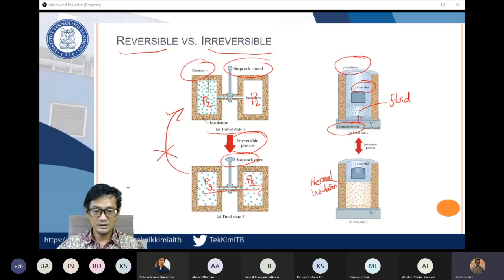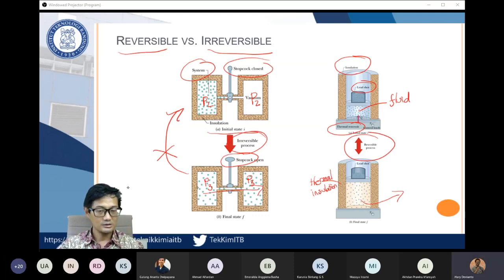But if you release the thermal insulation and the heat can go out from the system, it will return to the initial value. That's why we can consider this one as a reversible process.